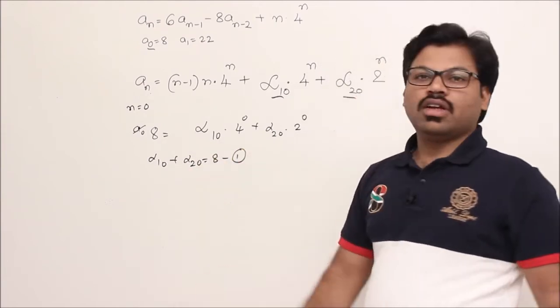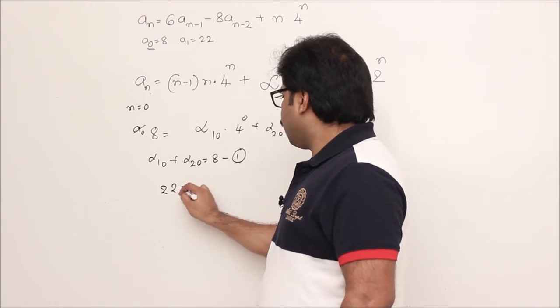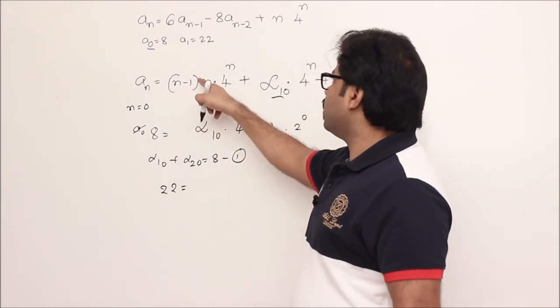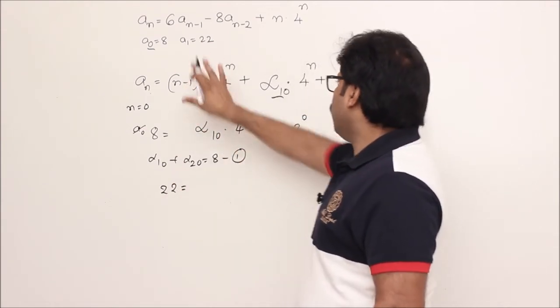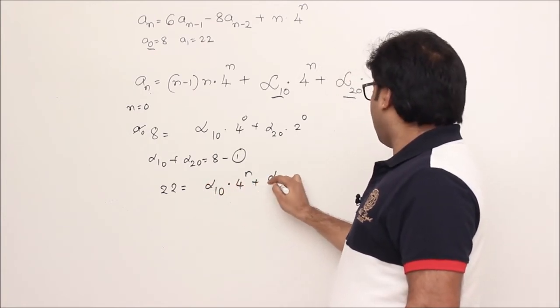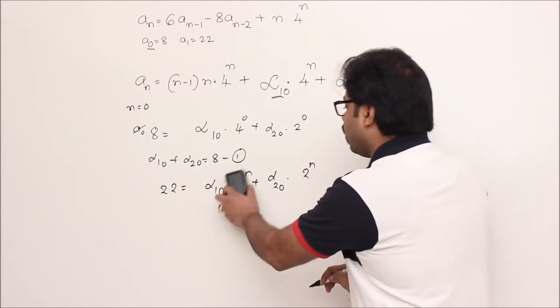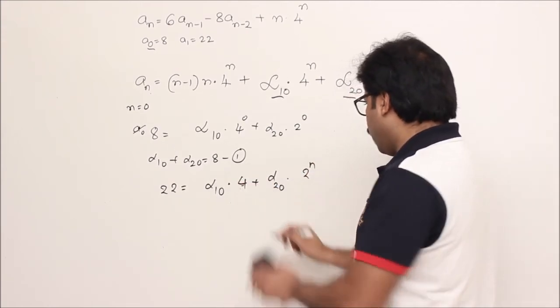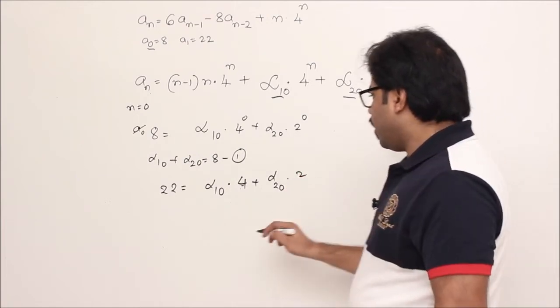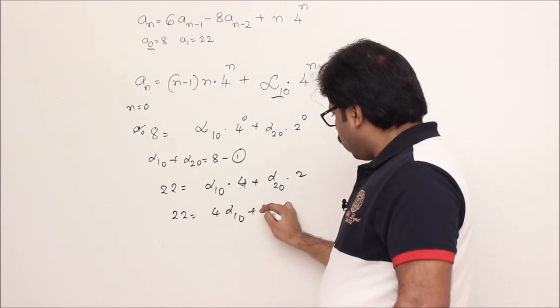This is equation number 1. Now substitute n value 1. What is a1? 22. So 22 equals n minus 1 times n, which again becomes 0 because n is 1. Directly you get alpha 10 into 4 power n plus alpha 20 into 2 power n, with n equal to 1, which gives 4 and 2. So you get 22 equal to 4 alpha 10 plus 2 alpha 20.